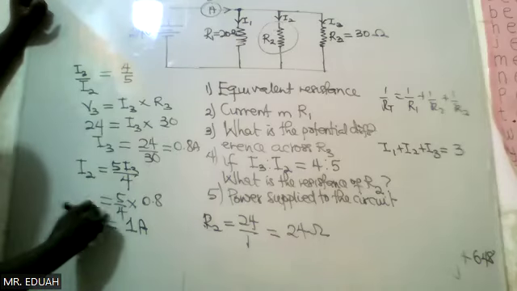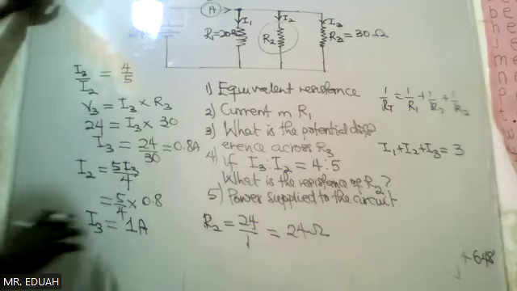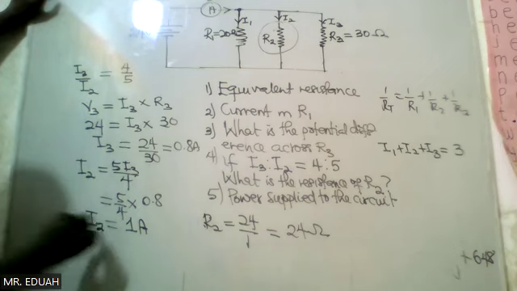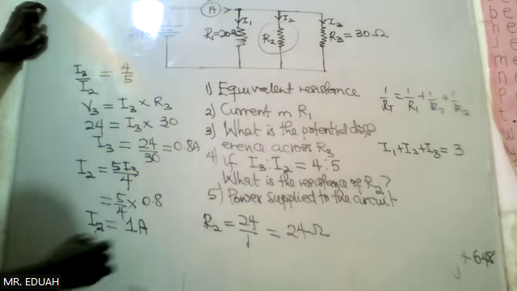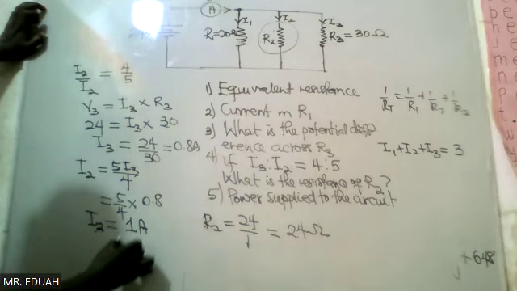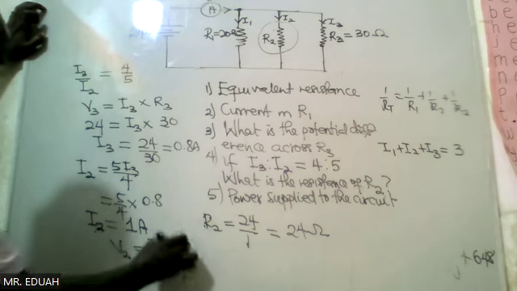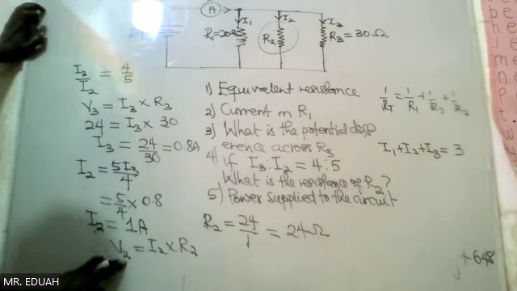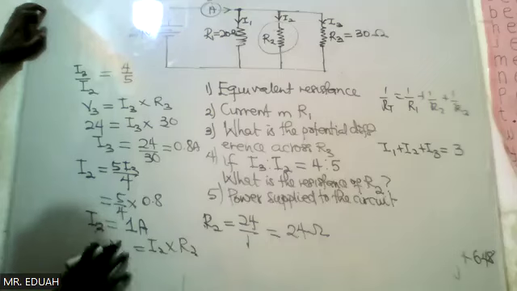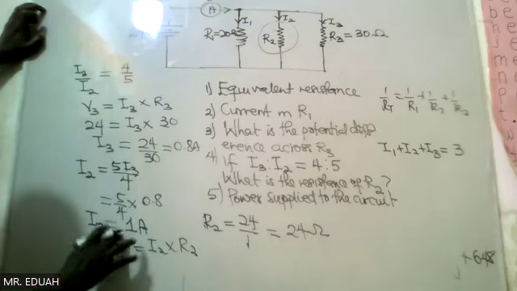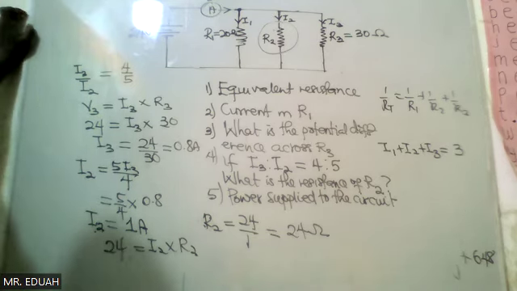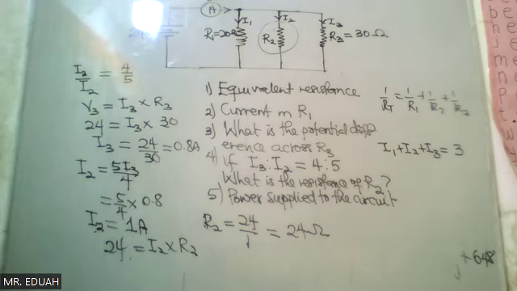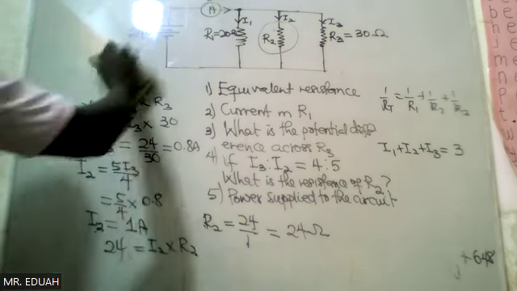So the current flowing through the resistance R2 is 1, knowing that V2 is equal to I2 times R2, and V2 is equal to 24. So we have R2. Are we okay?